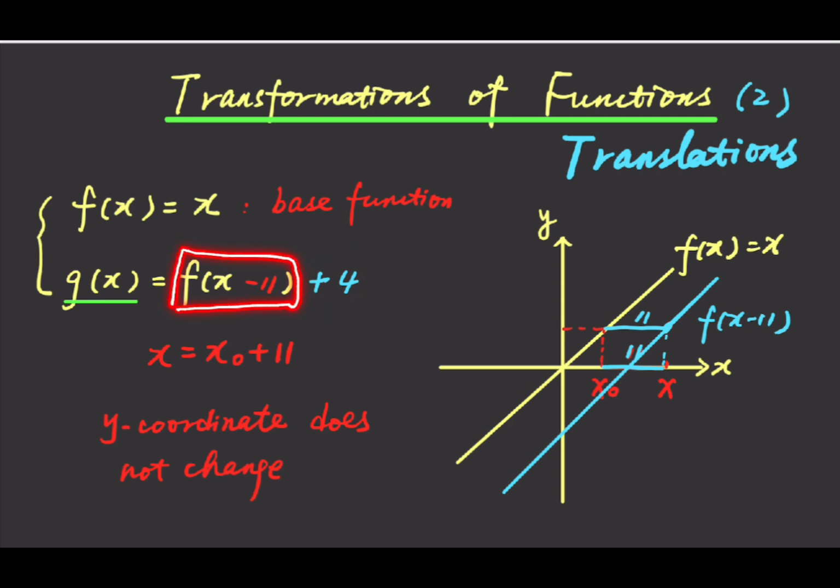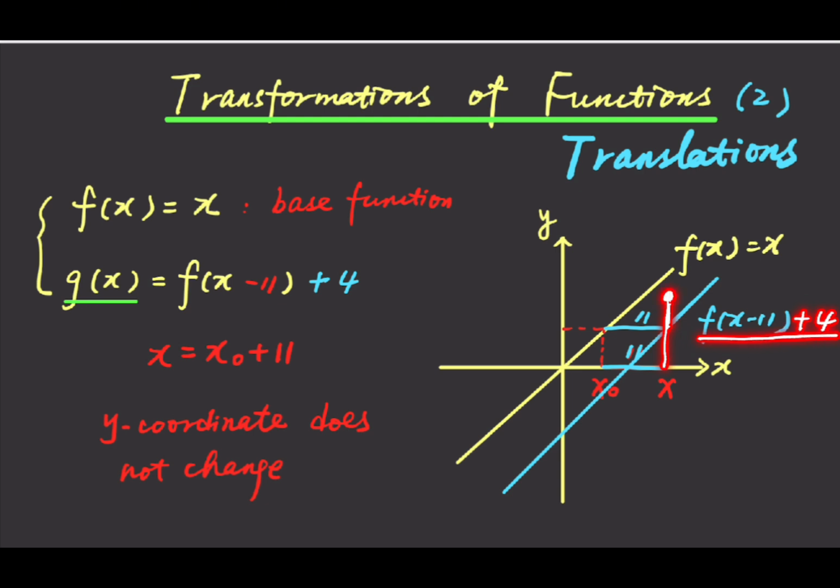This value represents the y-coordinate. So for every point on this graph, you need to guarantee the x coordinates unchanged. You just need to get the corresponding f(x minus 11) plus 4.